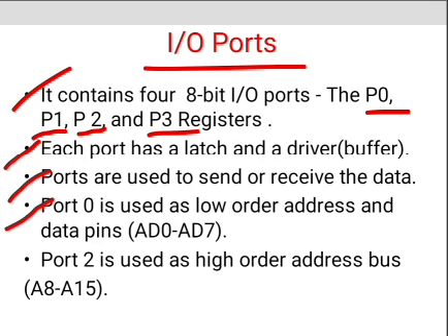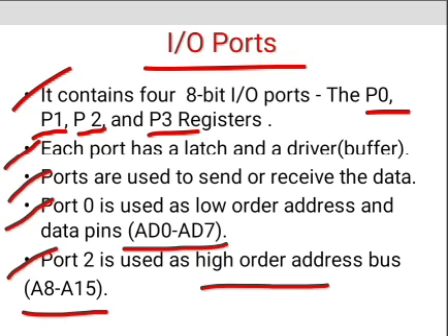Port 0 is used as low order address and data pins, that means AD0 to AD7. Port 2 is used as the high order address bus, that means A8 to A15.